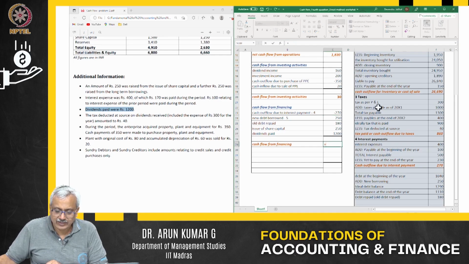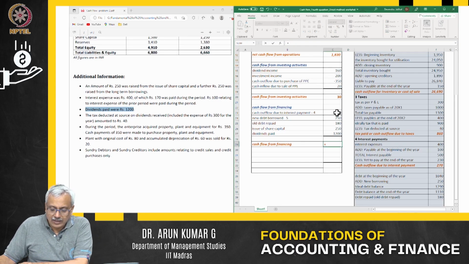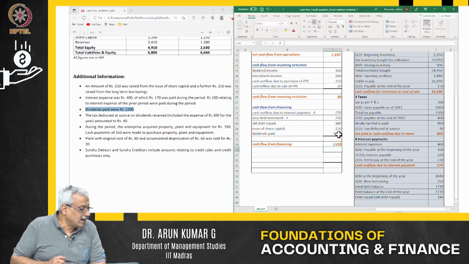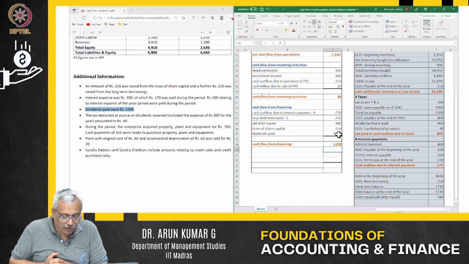So, what is the cash flow from financing? Cash flow from financing will be cash outflow because of interest, plus net new debt borrowed, plus old debt repaid, plus issue of share capital, plus dividends. That should give me the cash flow from financing activity.